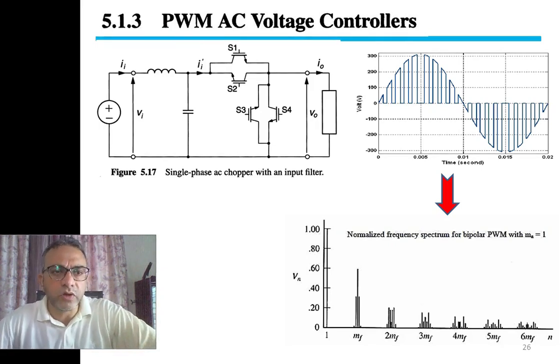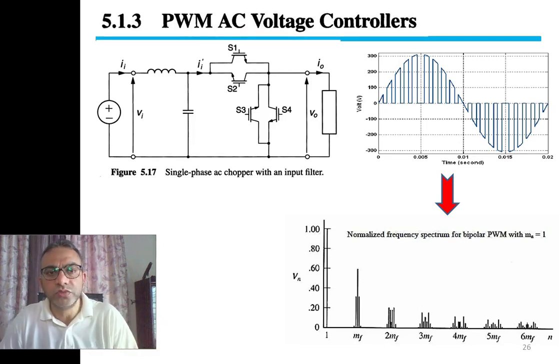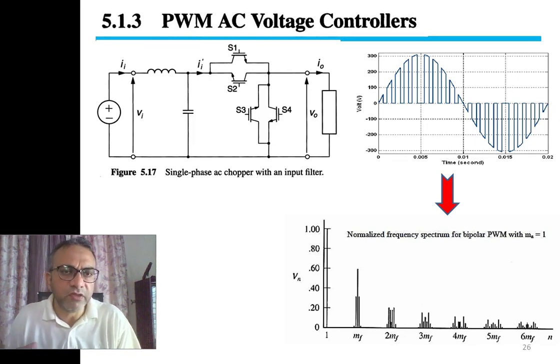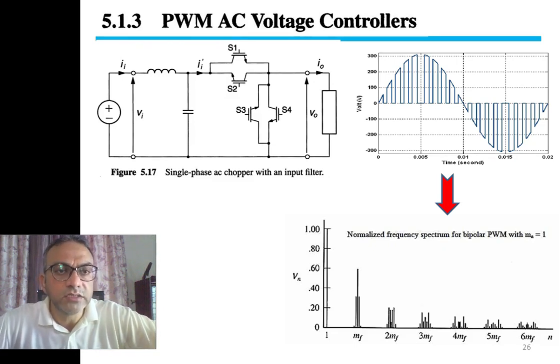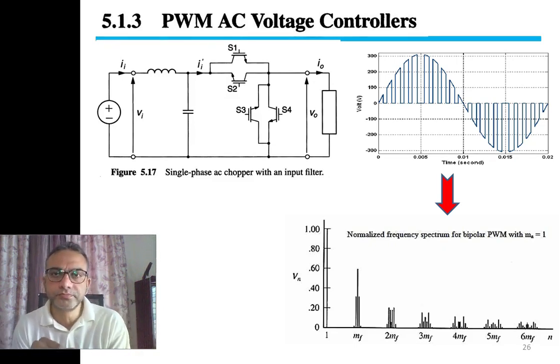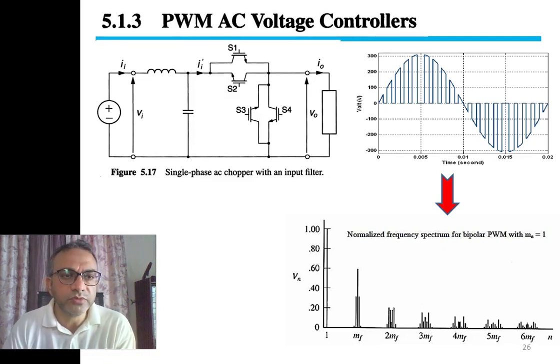So this slide demonstrates the importance of the input filter, caused by the large number of unwanted harmonics present in the output voltage. If we do not deal with these unwanted harmonics, they will enter into the power system. And we are dealing with the harmonics by using an inductance capacitance filter. Right, so next we come to the next slide.